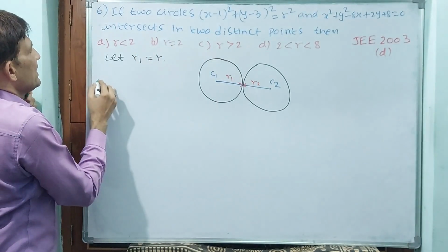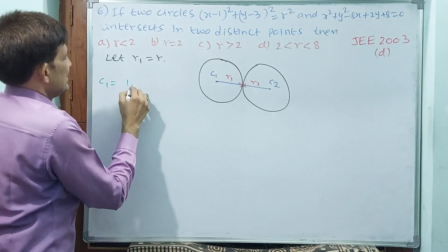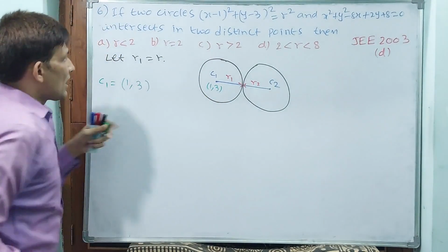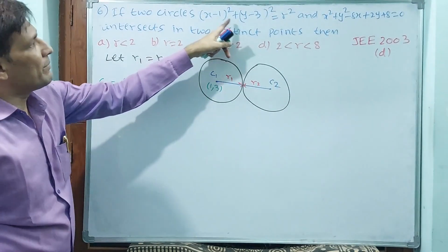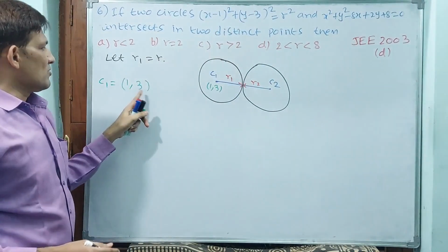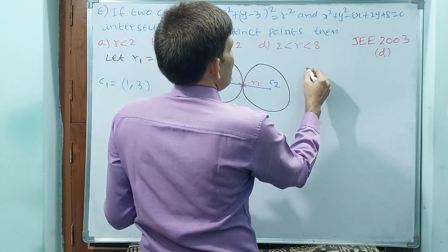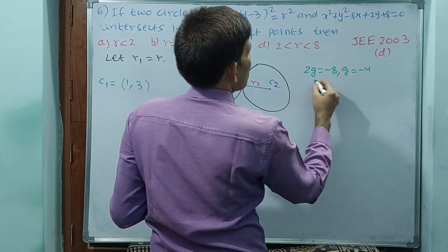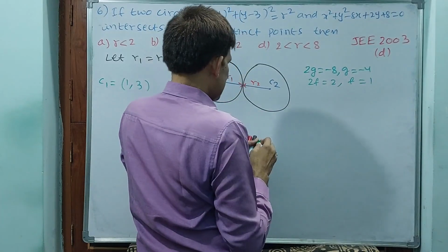See, the first circle's center C1 is (1, 2)... R1 is r only, because the radius has not been given. Using (x - h)² + (y - k)², h is 1, k is 2, so C1 you have found. But you have to find the second one. 2g is equal to -8, so g is -4. 2f is equal to 2, so f is 1.